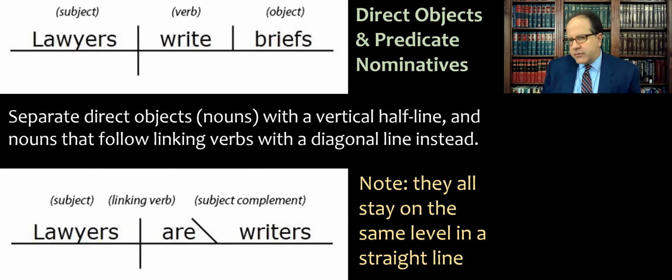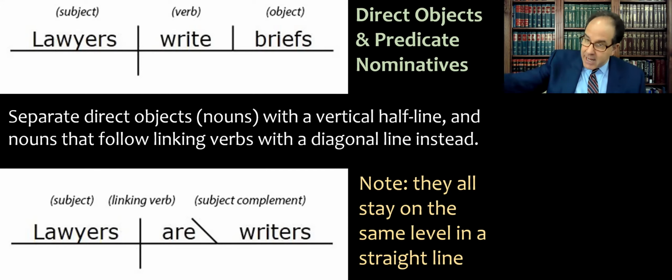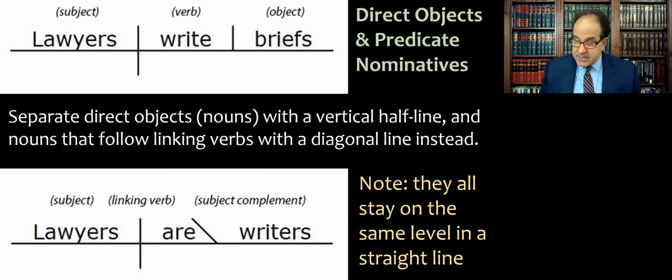Well, when we use the verb to be or are or was or will be, that's what we would call a linking verb. And the noun that follows that is really being equated to the subject of the sentence, even though they're distinct concepts. And so we represent that typically with a slanted line.